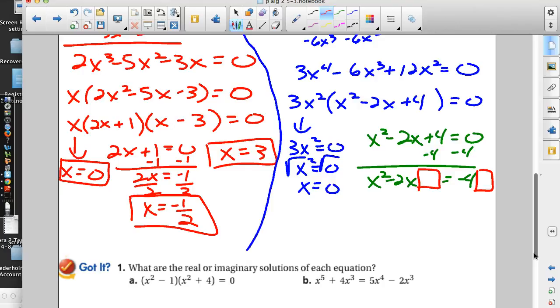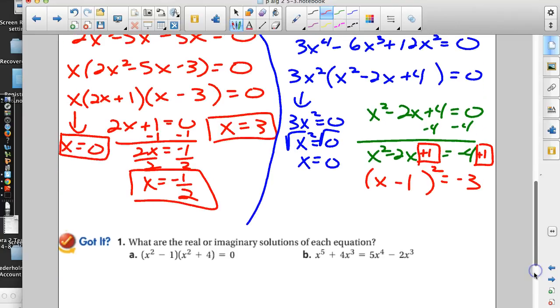What's the little formula? Good. So negative 2 divided by 2 gives you negative 1, and when you square it, you get a 1. So what's going to go in the parentheses? x minus 1, the quantity squared.